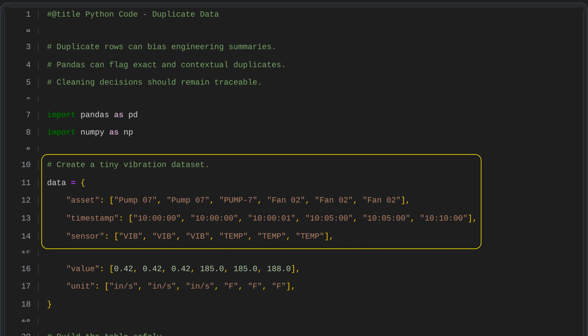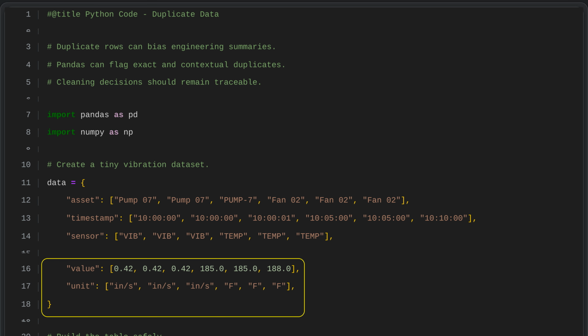We begin by creating a small sample dataset that simulates vibration records. It includes asset names with slight naming variations, timestamps, and sensor types such as vibration and temperature. This gives us a simple foundation for examining how duplicate entries can be identified and handled.